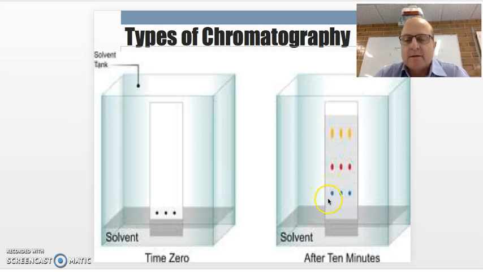This one we would probably consider to be the most polar, this the second most polar, and this the least polar. And that is because it is a polar stationary phase, and this one has adsorbed much earlier than this one and separated out.